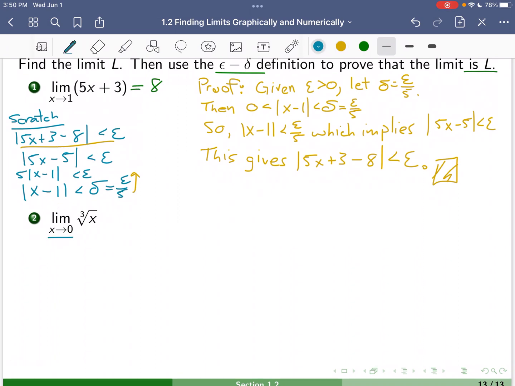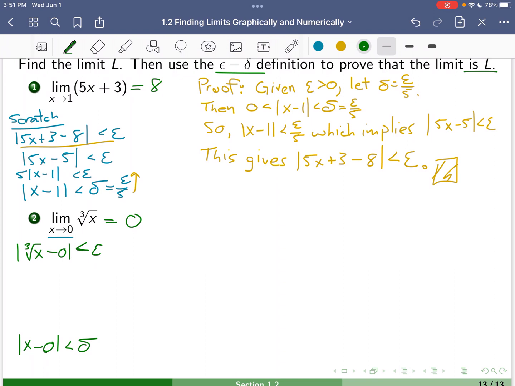So here we're looking at the limit as x approaches 0 of the cube root of x. If you were to plug in 0 itself, you'll get 0. If you think about the cube root graph, that's what it's going to look like. Scratch work: we would have the absolute value of the cube root of x minus 0 is less than epsilon. We want to end up with the absolute value of x minus 0 is less than delta.